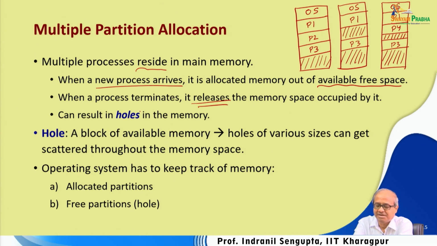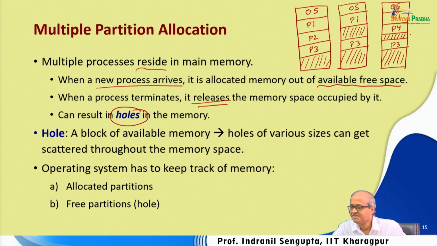This results in a number of holes in memory. Holes are nothing but chunks of free space. Like in the last case, you see there is a hole here, and another hole at the end. In general, when processes come and leave, there will be multiple small holes scattered all through the memory space.